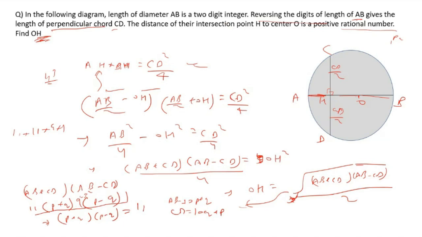So to convert this into a perfect square, you already have 11, and 3 square is already a perfect square; you don't need to disturb this. So P plus Q into P minus Q can give me another 11, which means P plus Q should be 11 and P minus Q should be 1. Let me repeat it once more.